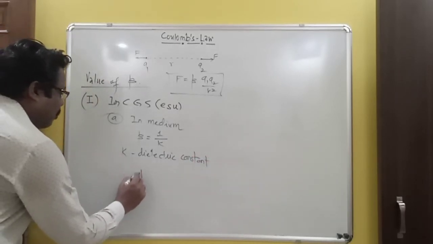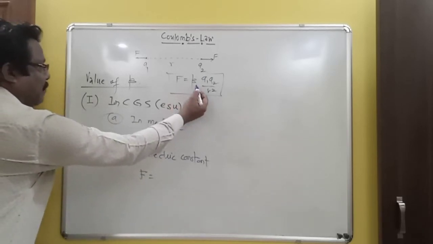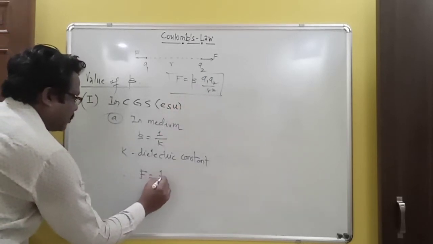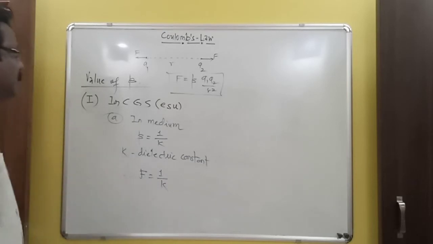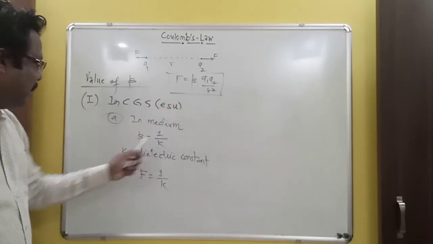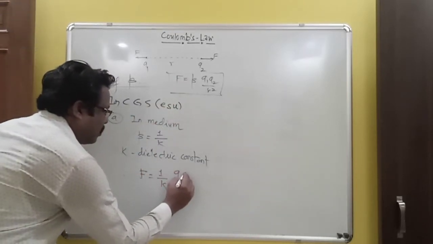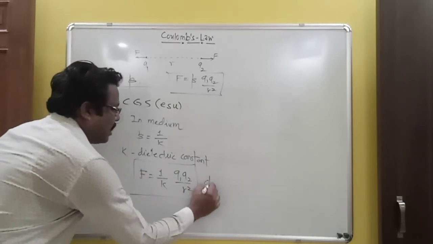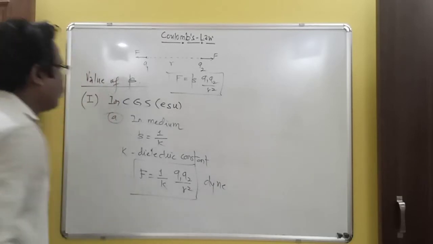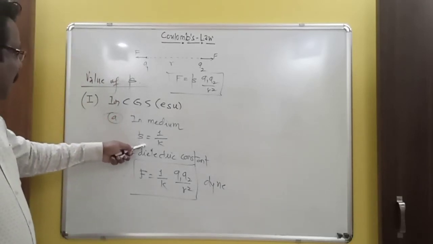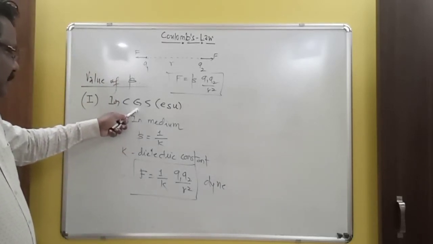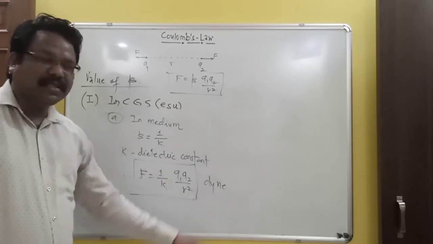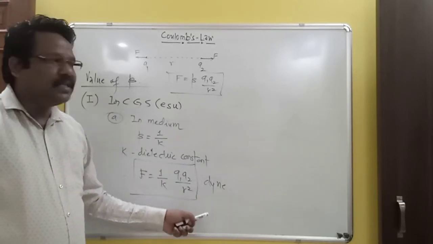Therefore, the force would become what? When you take beta as 1 by K, this force would become F equals 1 by K Q1 Q2 by R square dyne. I should write dyne, because we are dealing with beta in CGS system, so force would be written also in CGS system, and the unit of force in CGS system is what?